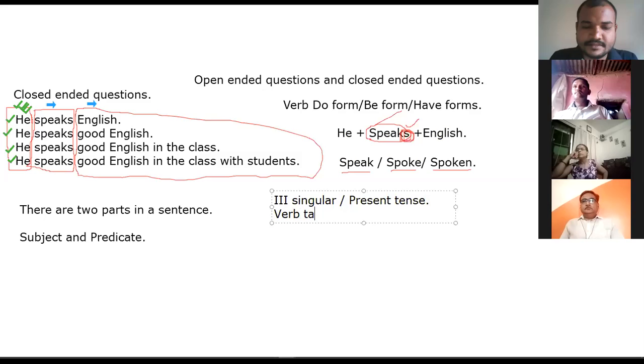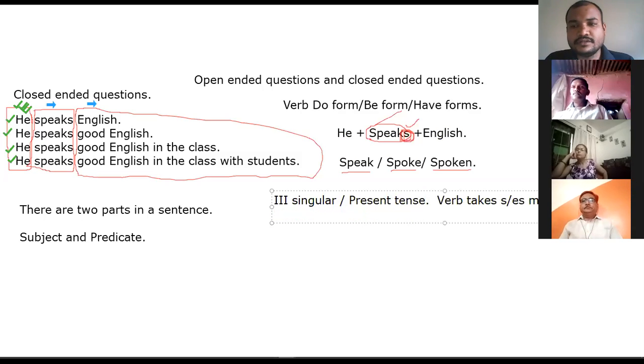the verb takes s or es to the main verb. Okay. So whenever you are talking about third person singular in the present tense, the verb takes s or es to the main verb.